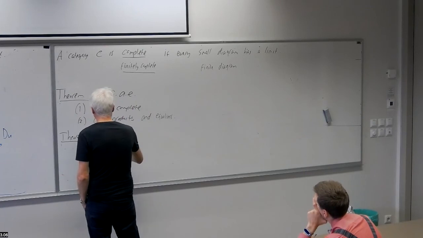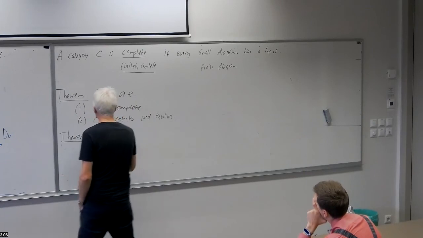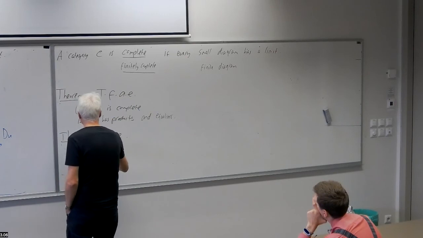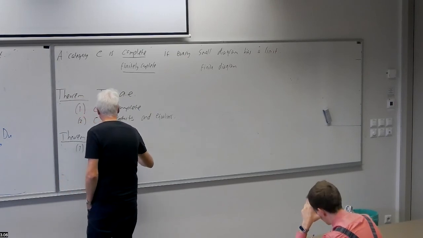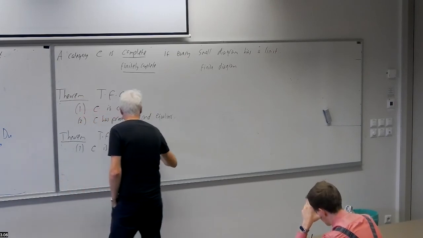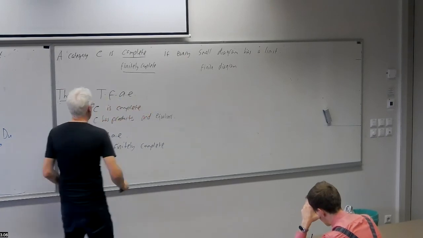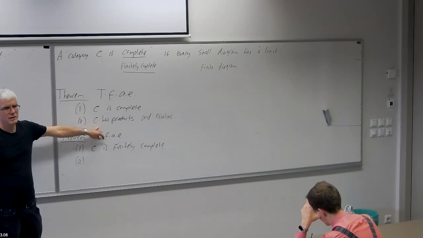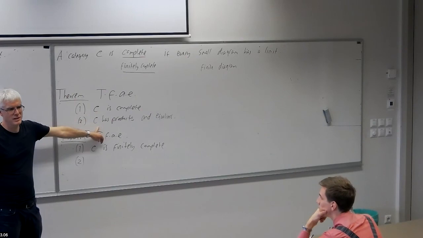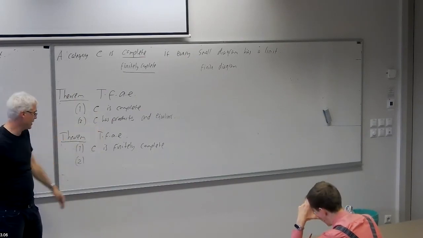So again, the following are equivalent. In this case, the category C is finitely complete. If it's finitely complete, we can't expect it to have arbitrary products, because if I is an infinite set, that's an infinite diagram, but it will certainly have finite products.